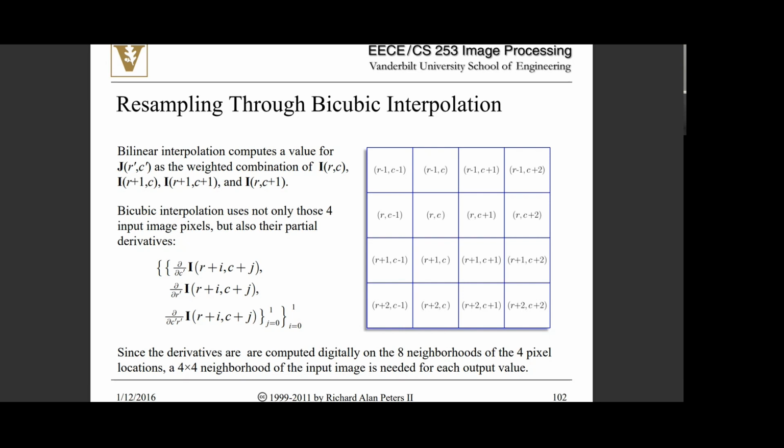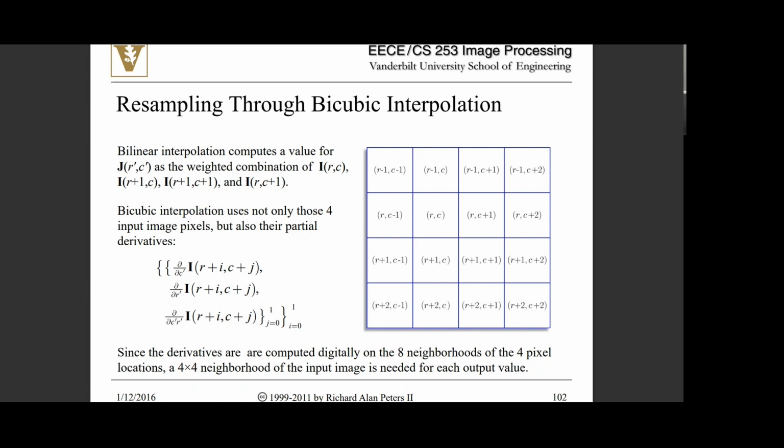I have one sample, the next one, and then I can estimate derivatives. But if I want to tell you what is the second derivative here, I will need the sample on the right and the sample on the left, just to tell you how the derivative is changing. And the same here. So if I want to tell you how the derivative is changing here, I need this value and this value.